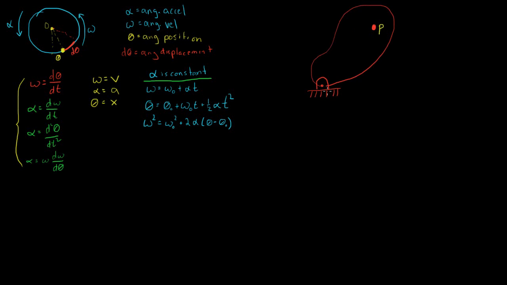The position from the axis to point P we're going to say is R. We're going to say it has a positive angular acceleration and a positive angular velocity, so this will be alpha and omega.